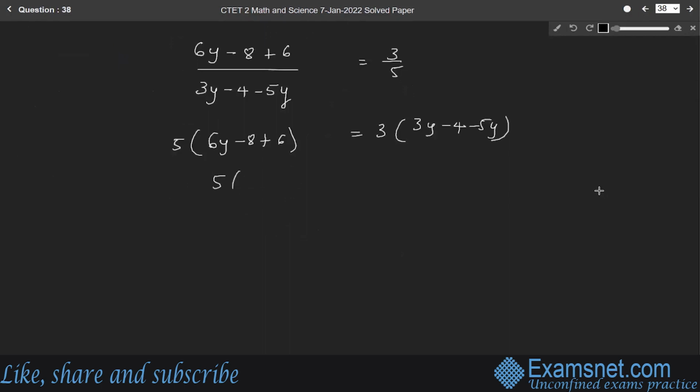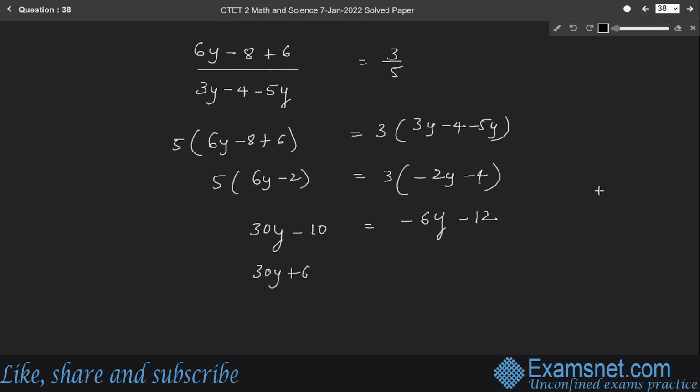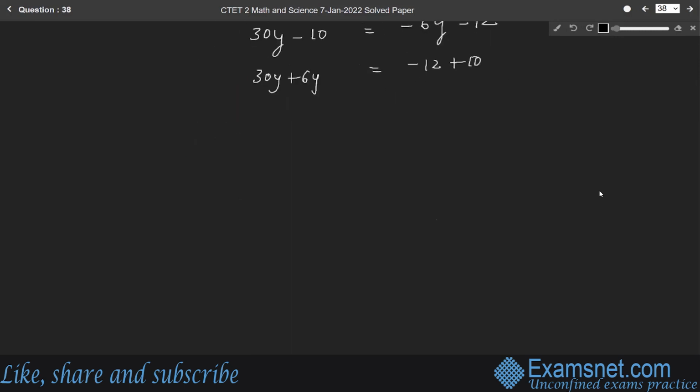So 5 into 6y minus 2 is equal to 3 into minus 2y minus 4, which is, so 30y minus 10 is equal to minus 6y minus 12. Therefore, 30y plus 6y is equal to minus 12 plus 10, which is 36y is equal to minus 2. Therefore, y is equal to minus 2 by 36, which is minus 1 by 18.